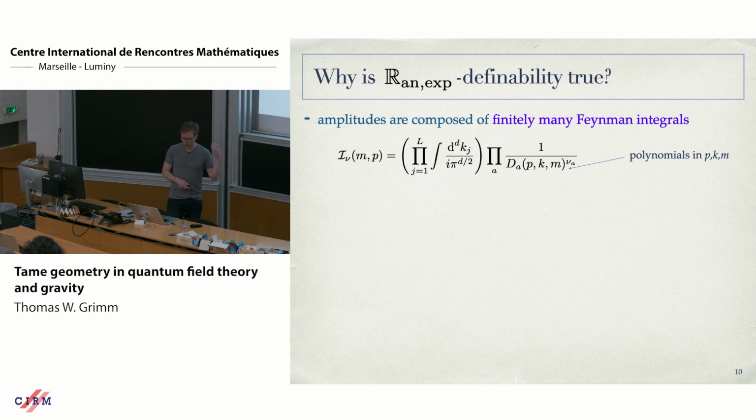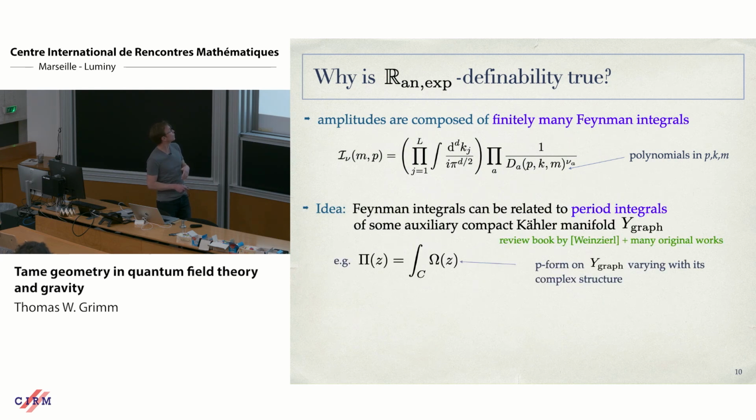We argued that once you start with such an amplitude, such a Feynman integral, then you can map this to a period integral. This is not what we did, but we just used work by many others, in fact. And one can associate to a given graph, to one of these scattering graphs, if you want, Feynman graphs, an auxiliary geometry.